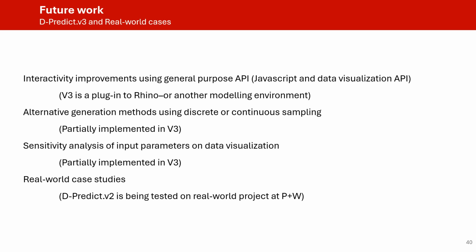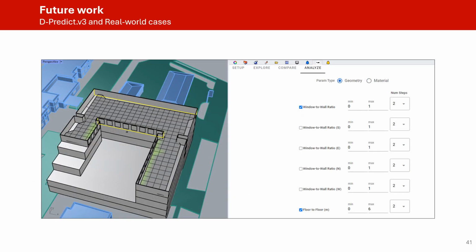Recently, we have tested the interface on real-world projects and we plan to report the results in future publications. This is a screenshot of DPredict version 3, which is under development by SFU and the Perkins and Will research team.